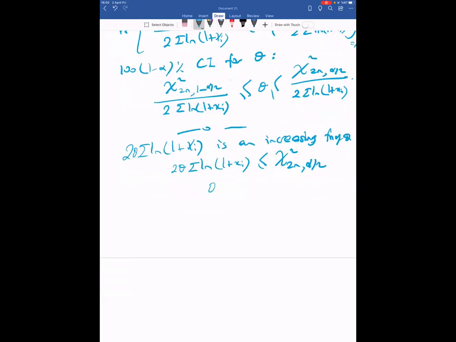So 2 theta summation ln(1 plus xi), with chi-square 2n alpha, gives us immediately an upper bound. Not alpha over 2, sorry, we are working with the one-sided interval.